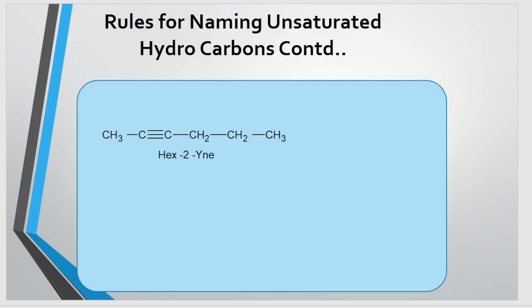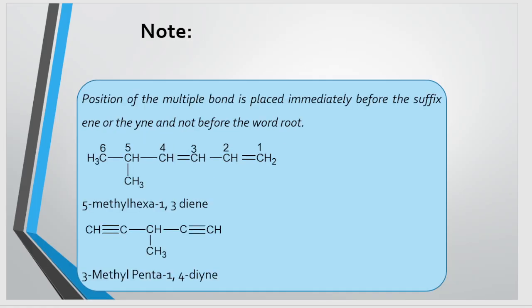Let us see another compound. Suppose if we consider this particular compound, there is a triple bond. So ine is the suffix for the triple bond. As there are 6 carbon atoms, hex is the root word, and we need to mention the position of the triple bond here. That is nothing but ine. Okay, now let us see some more examples here.